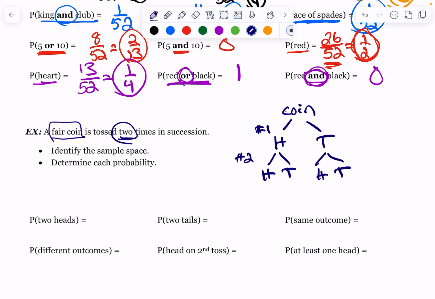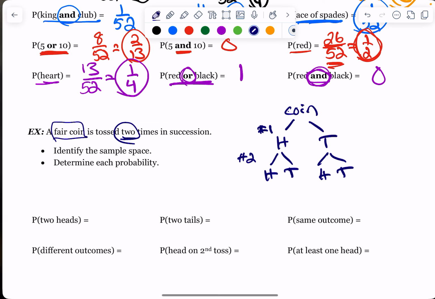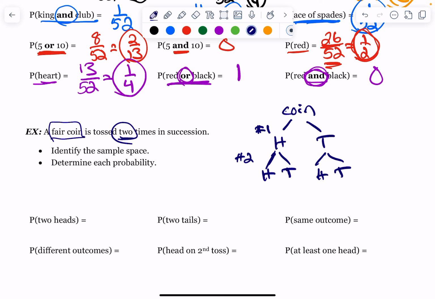So our sample space here would be, actually, let's write an organized list first. So we're going to look at these two. So that's heads and heads. Oops, that looks like H and H. This one is H and T. Here we have T and H, and this one is T and T. So this is an organized list.